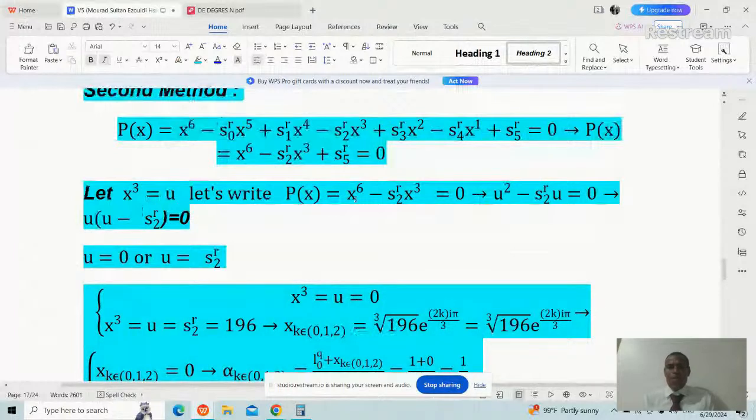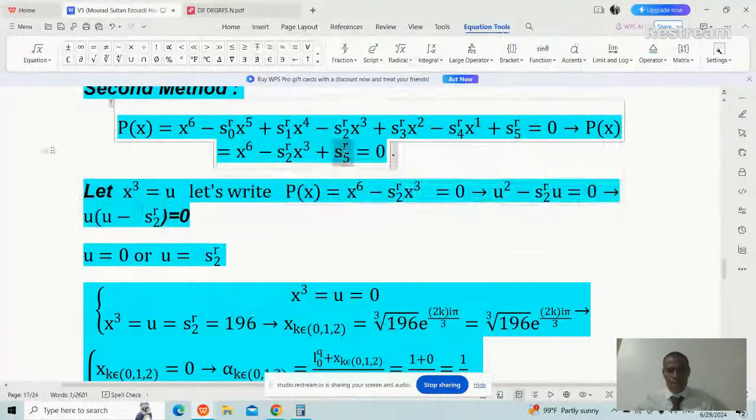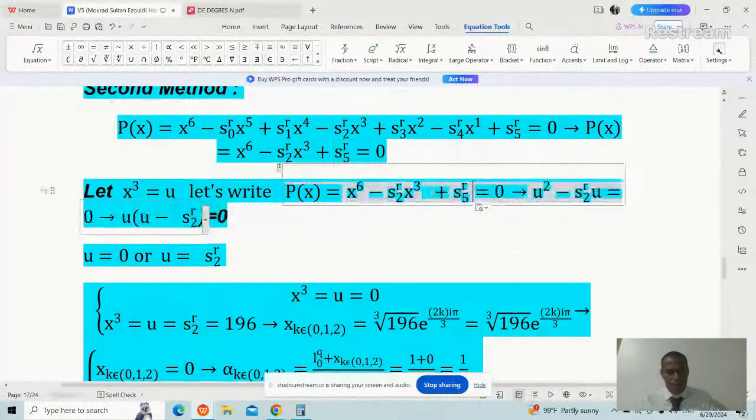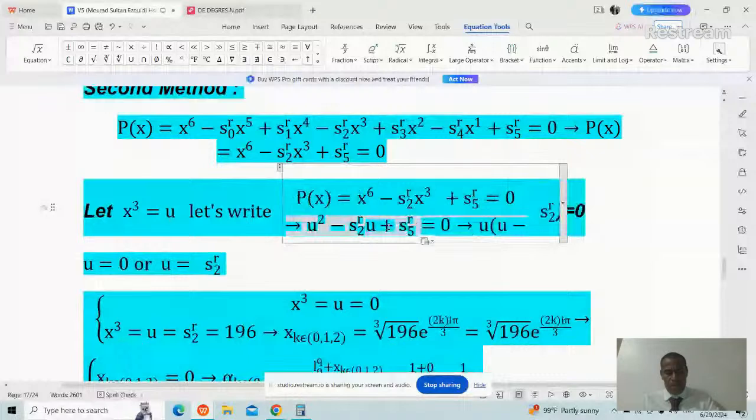Here, of course, plus what, learners? Plus s5. Equal to 0 means that, it comes down, u squared minus s2 u plus s5, close parentheses, equal 0.